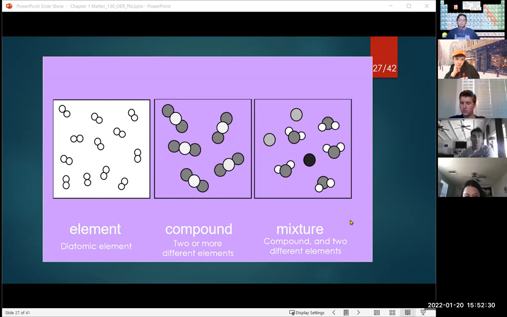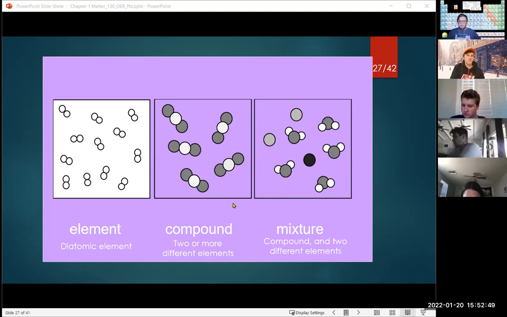So, diagrams, a lot of diagrams. Here the first diagram depicts an element, specifically a diatomic element, okay? Because the two spheres here are connected to each other. They're the same color, the same size, okay?